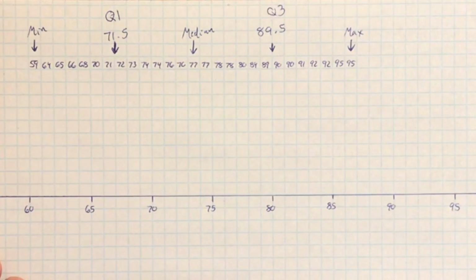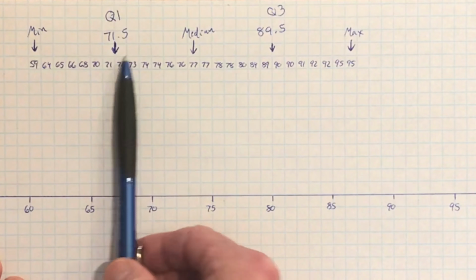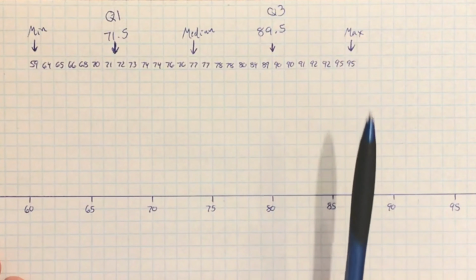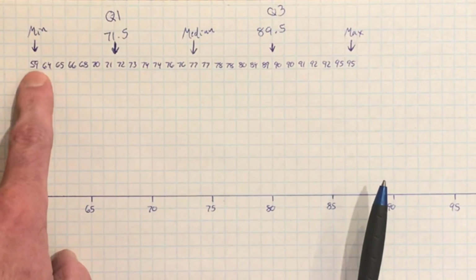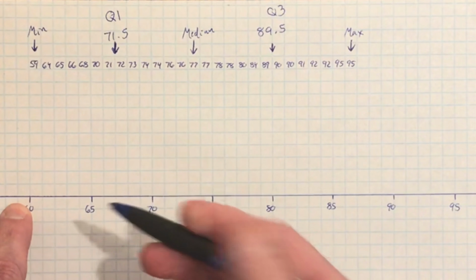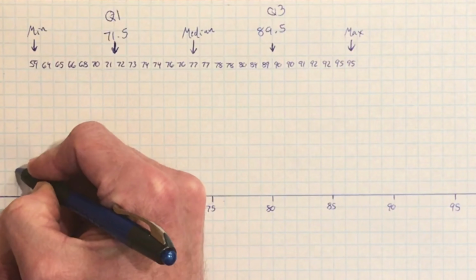Now that we know the 5-number summary for the data, minimum, Q1, median, Q3, and maximum, we can make our box plot. Here's how you make the box plot. Take your minimum, find it on your number line, and above or below, generally above, put a dot. That's the minimum.